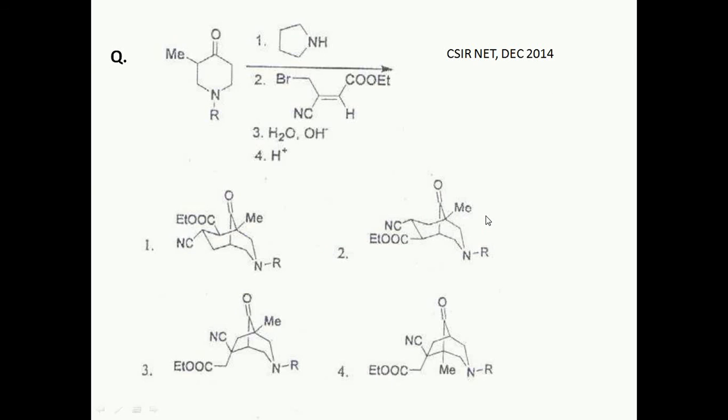Next we have this question from CSIR NET, December 2014, and we have 4 options here. So in the first step, we will react the ketone with pyrrolidine. So the same reaction, enamine formation, will take place, and we will use this alpha carbon atom because it is less substituted.